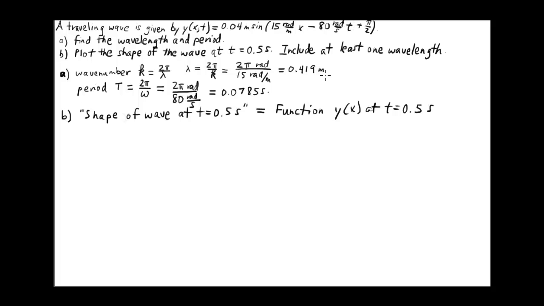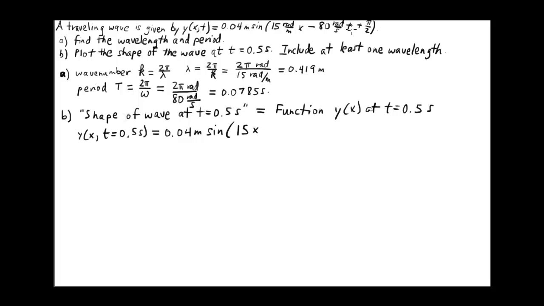And so when we plug that in, we get y of x, and I'll write in here, just to make sure you understand what I'm doing, t equals 0.5 seconds. So y of x at t equals 0.5 seconds is easy to write down. 0.04 meters is the amplitude. We have the sine of, and I'll skip the units because you can see them up on top, 15x.